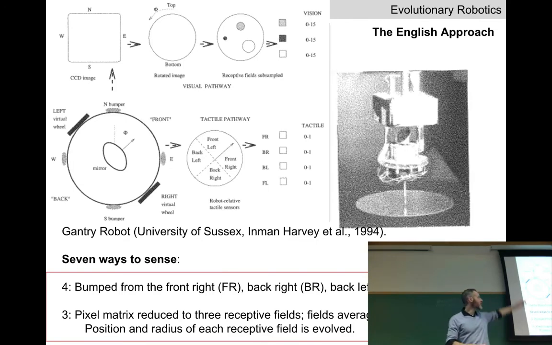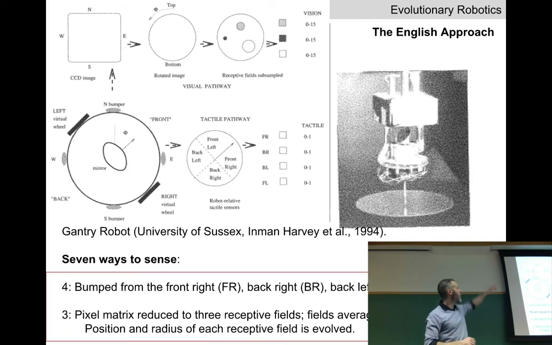And those sensors are binary. At the current time step, was it bumped front right or not? 0 or 1. Okay, so we got 4 bump sensors. What did they do with the camera image coming back from the inverted camera? Again, they did something which at the beginning looks a little strange, but once you think about it, it starts to make sense.